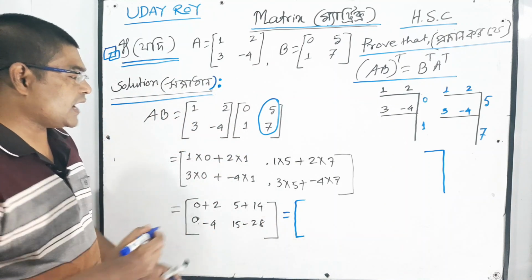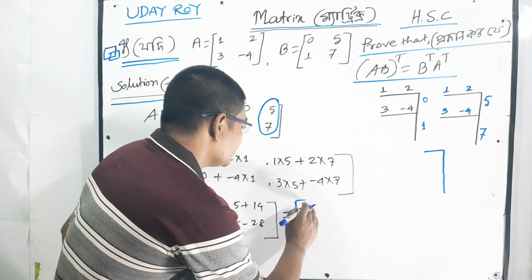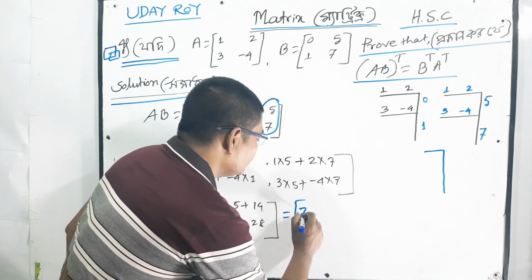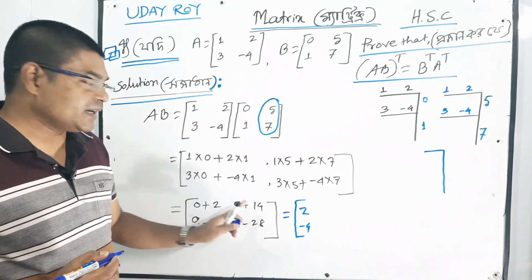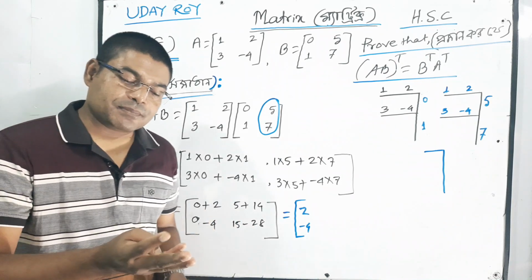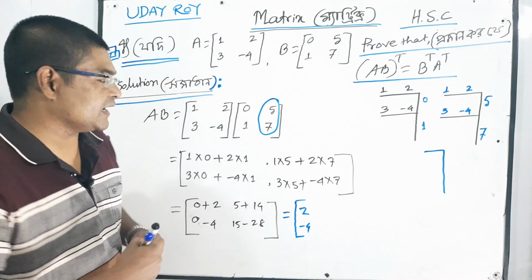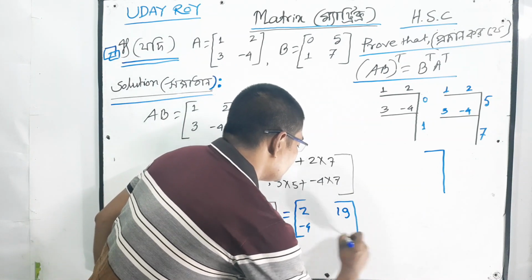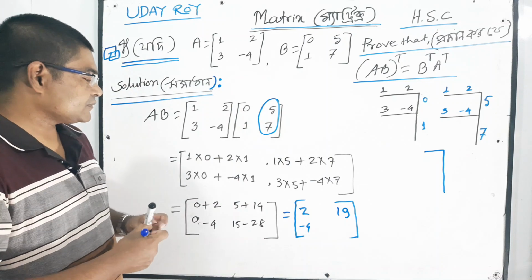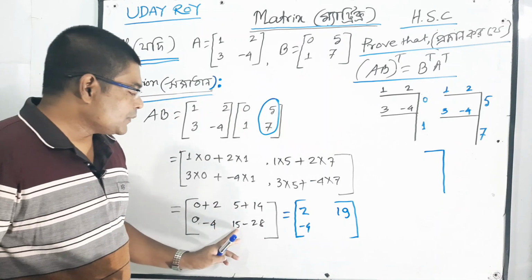Here is 2 and minus 4. Then here is 14 plus 5. 14, 15, 16, 17, 18, 19. Here is 19 and here is 15.